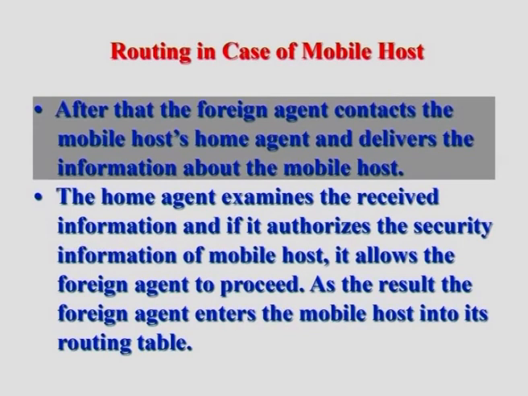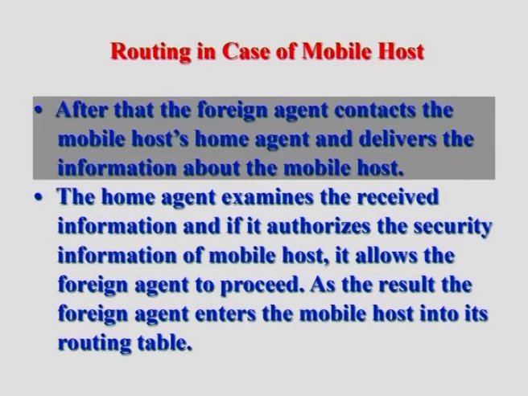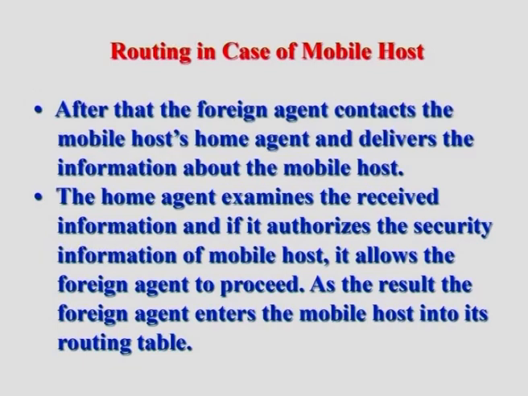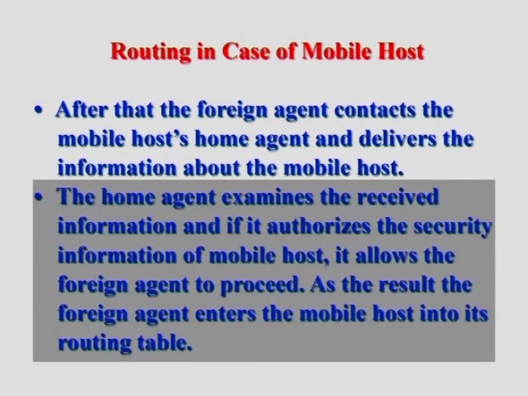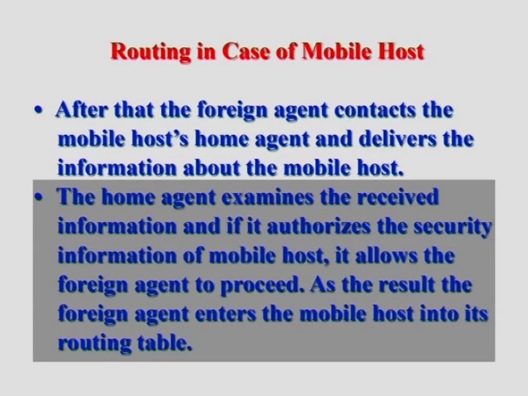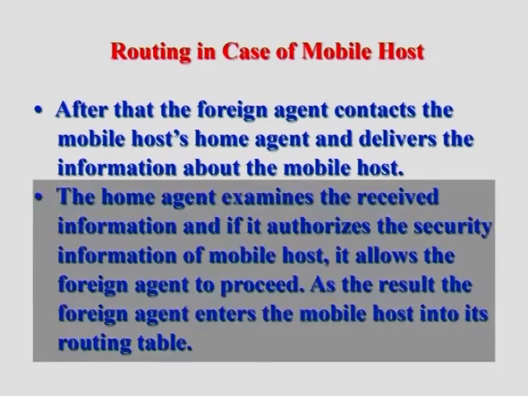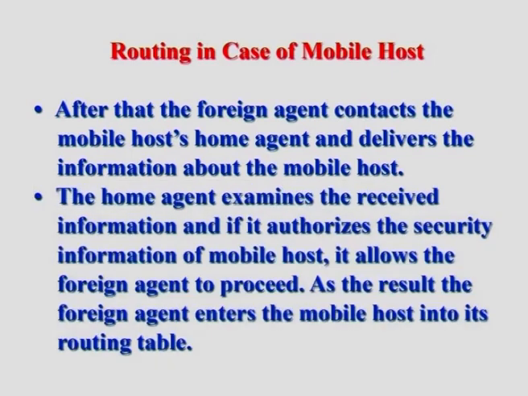After that, the foreign agent contacts the mobile host's home agent and delivers the information about the mobile host. Subsequently, the home agent examines the received information, and if it authorizes the security information of the mobile host, it allows the foreign agent to proceed. As a result, the foreign agent enters the mobile host into its routing table.